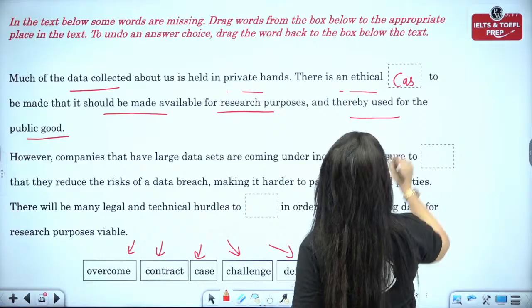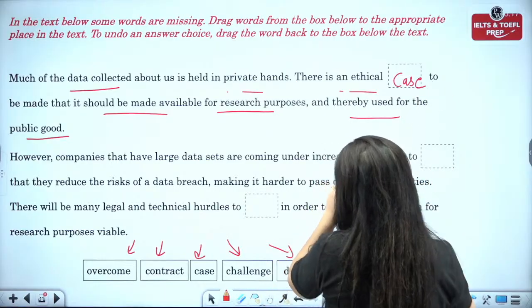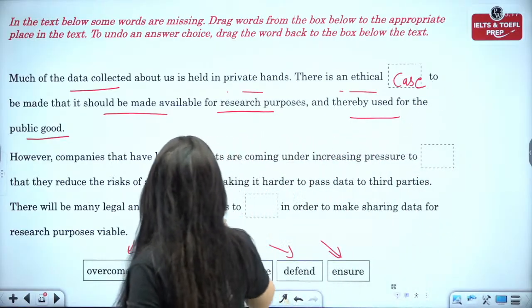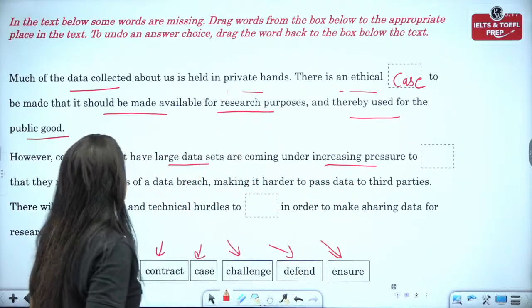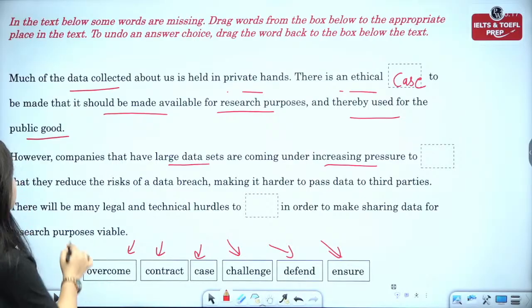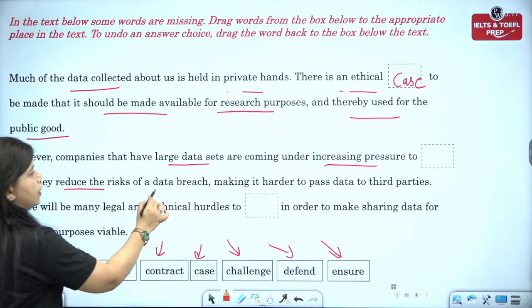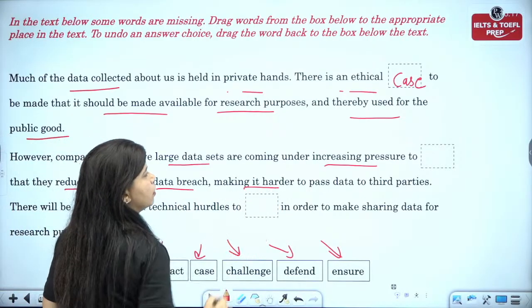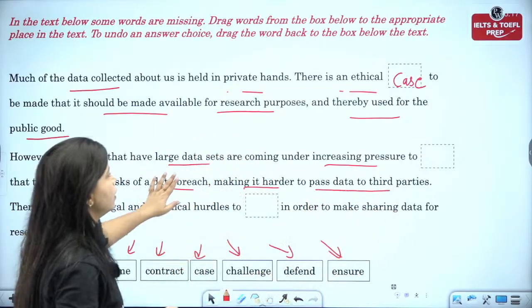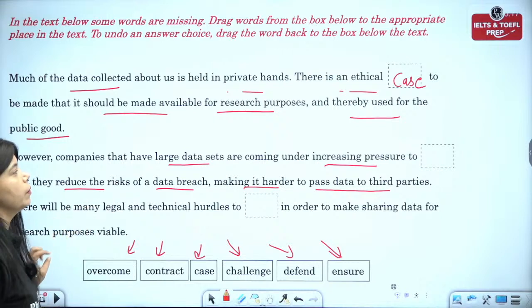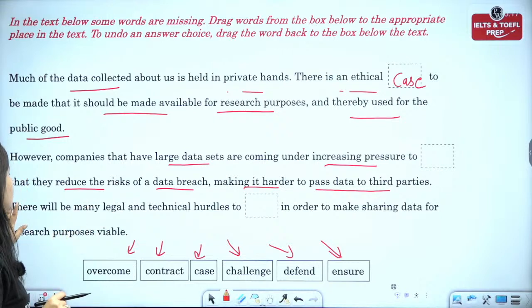I wrote case. Okay, next one. However, companies that have large data sets are coming under increasing pressure to dash that they reduce the risk of a data breach, making it harder to pass data to the third parties. So companies are coming under increasing pressure to dash.